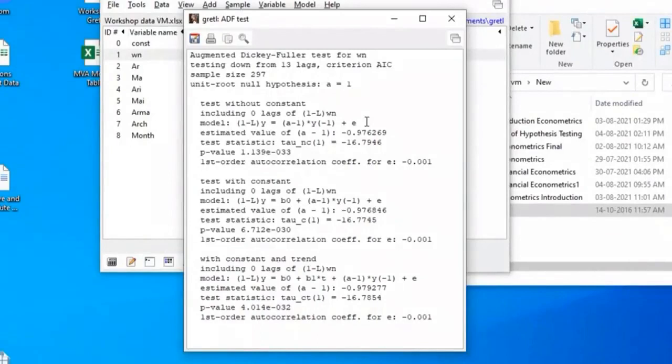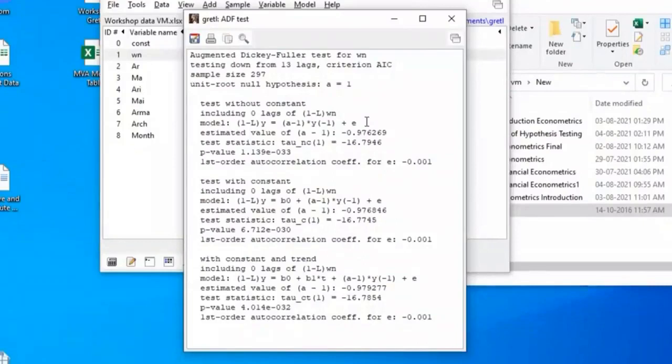That's the problem. Once we have got the residual from a regression, subjecting it to the unit root test will not tell us that the model is adequate. We have to do all those model adequacy tests, or we have to go for the correlogram.